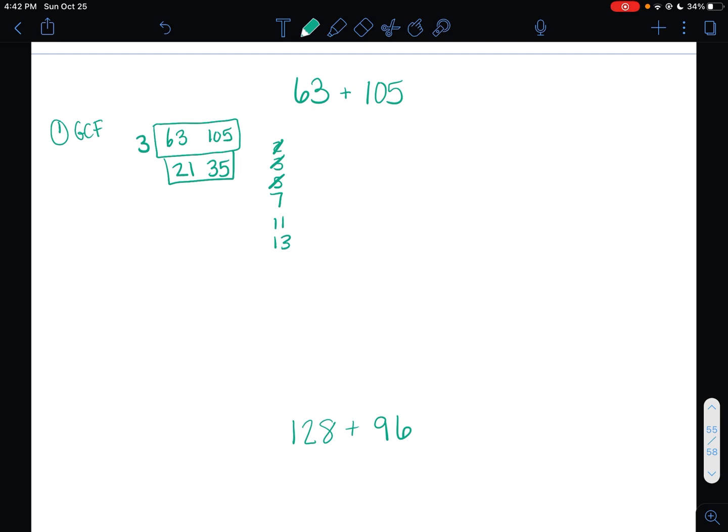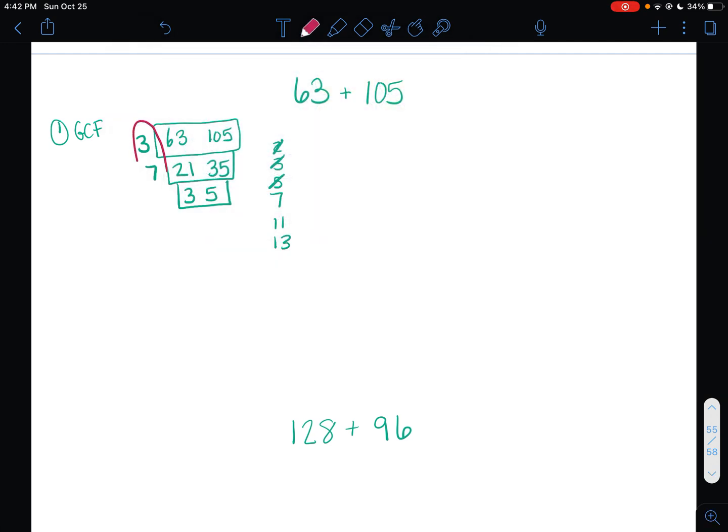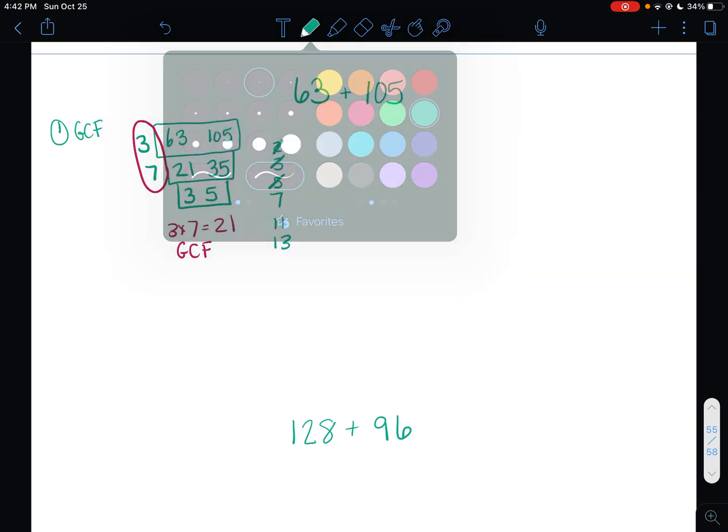Oh, 7. 21 and 35 are both divisible by 7. 21 divided by 7 is 3. 35 divided by 7 is 5. So 3 and 5 are both prime, so I know that I'm done. So my greatest common factor, 3 times 7 is 21. So my greatest common factor is 21.